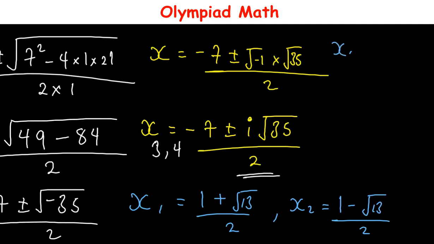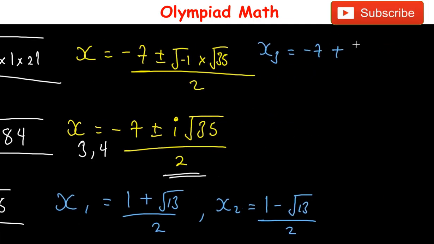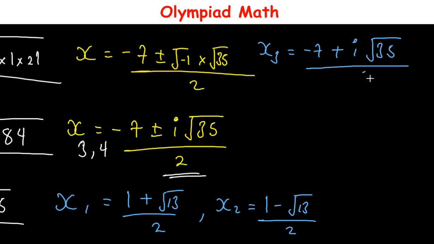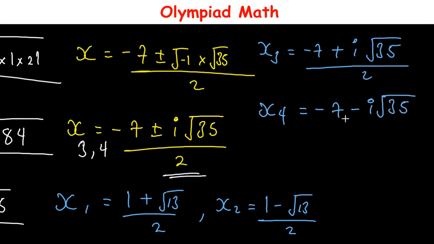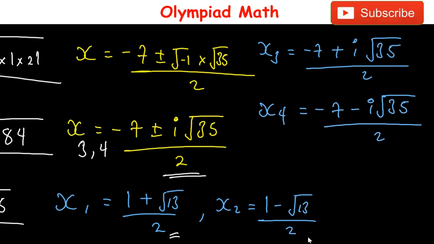We have x3 is equal to minus 7 plus i times root 35 divided by 2. And we have x4 is equal to minus 7 minus i times root 35 divided by 2. So these are the four solutions of the value of x for this given question.